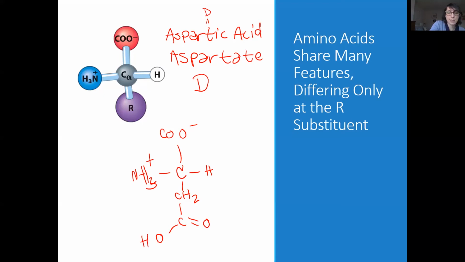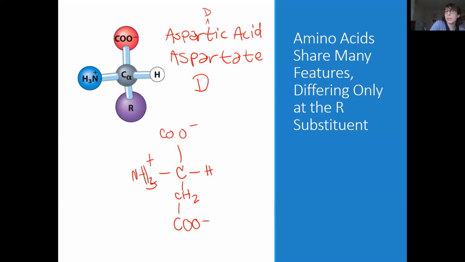And this carboxylic acid group, similar to the carboxylic acid group on our amino acid, can also lose its hydrogen, and you will often see it written with a negative charge on it. And again, we can also always abbreviate these by writing COO minus. So this is aspartic acid.